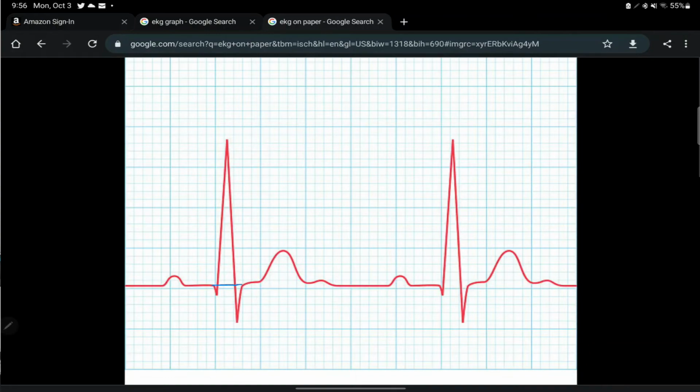So when you are measuring the ST segment and you see that the isometric line of the ST segment is not in line with the PR segment, that means there is an abnormality of the ST segment, which can either be elevation or depression.